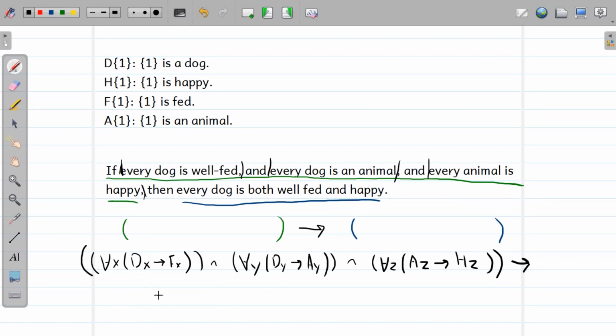Therefore, something. Every dog is both well-fed and happy. Every, it's going to be a universal, right? OK, what's the topic of every dog is both well-fed and happy? Dogs, right? Every dog. So dx is the antecedent. And what are we claiming about that topic?